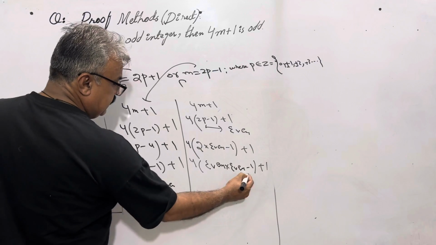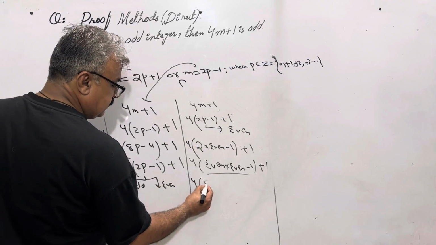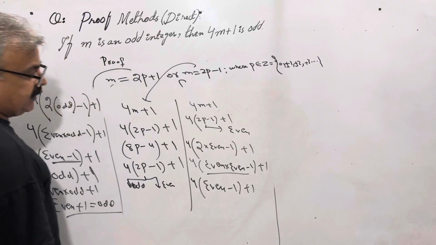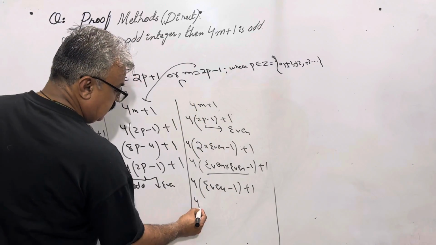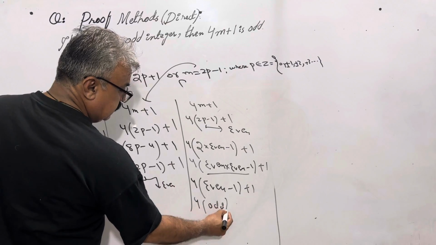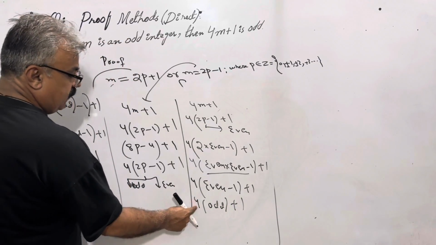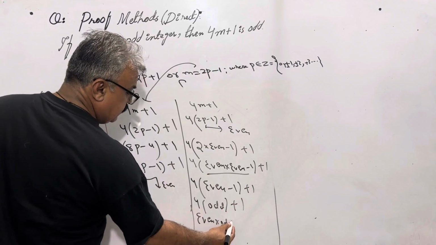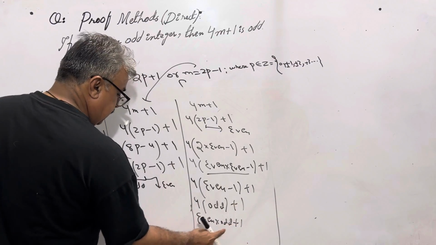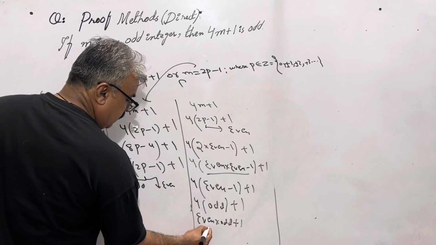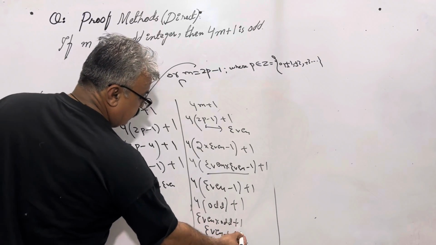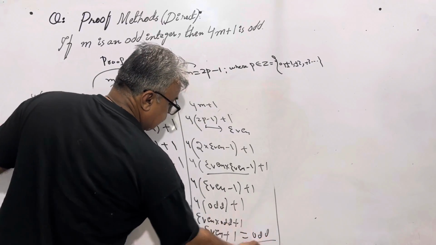Even times even always results in even. 4 times (even minus 1) plus 1. If we subtract 1 from even, it always results in odd. 4 times odd plus 1. Now 4 is even, and even times odd always results in even. If we add 1 to the even, it will always result in odd.